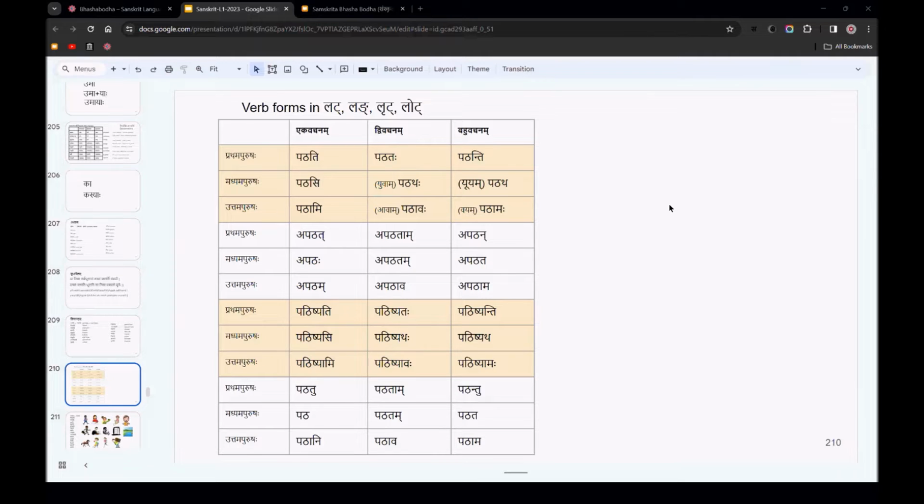Depending on what vachana applies, and depending on who is doing the action, the purusha will apply.